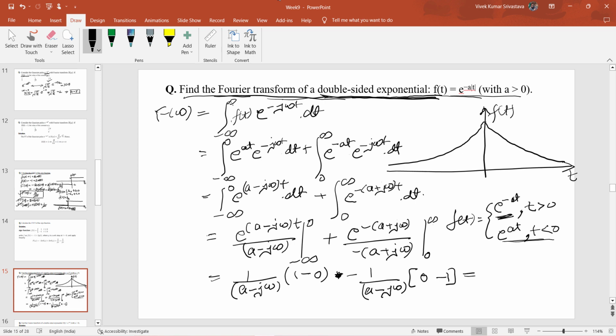Now you can solve it further: 1 over a minus j omega, plus 1 over a plus j omega, right, for the second term. Oh sorry, yes, this will be a plus j omega.